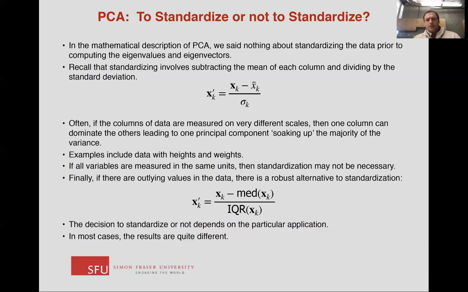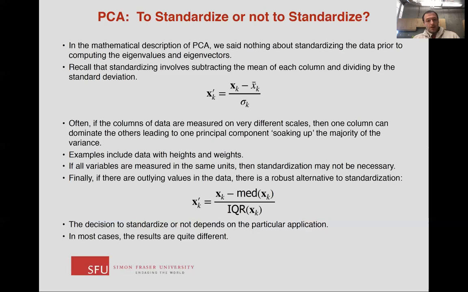I also want to say that we've learned to look for outliers in the data, and we know that means and variances are not robust to the presence of outliers. So there are ways to do robust standardization. You could subtract the median, for example, and then divide by the IQR.